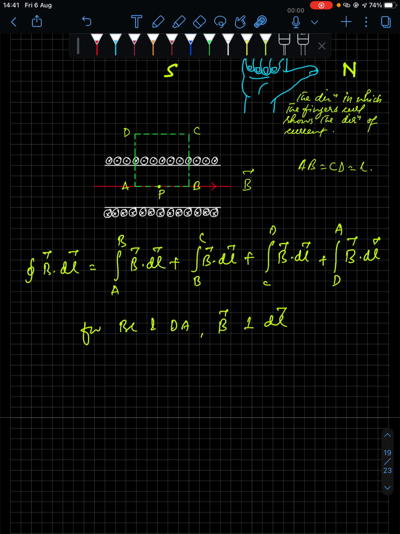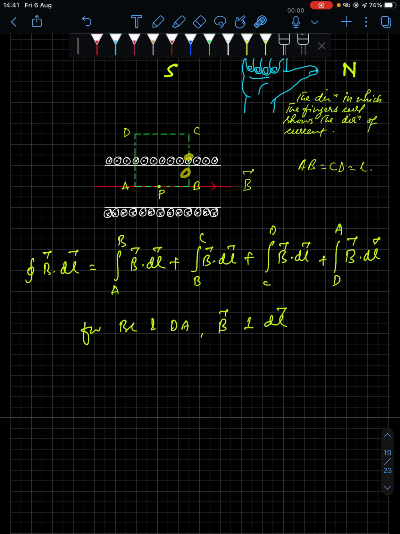Now this total length is L. These small lengths are dl lengths, and therefore we integrate B dot dl. B dot dl means the integration of dl will give this entire length.